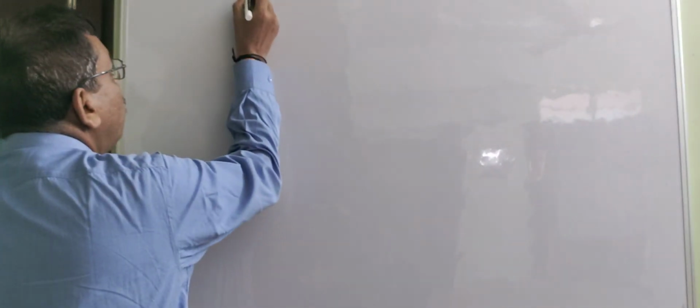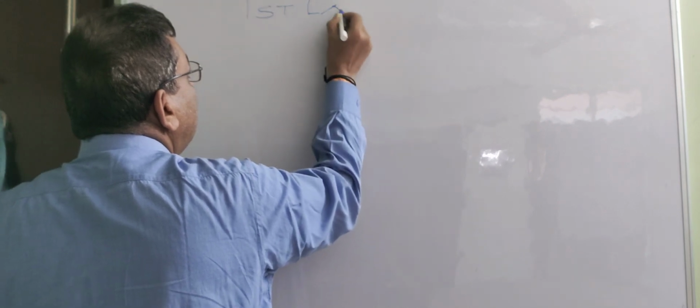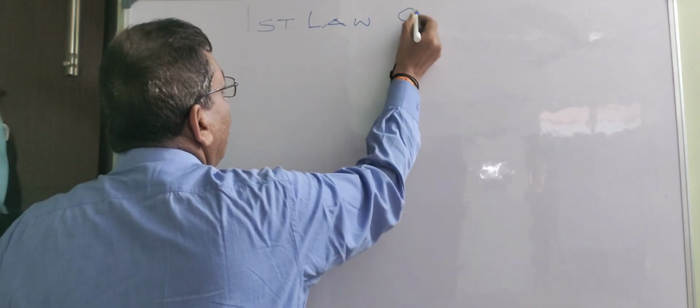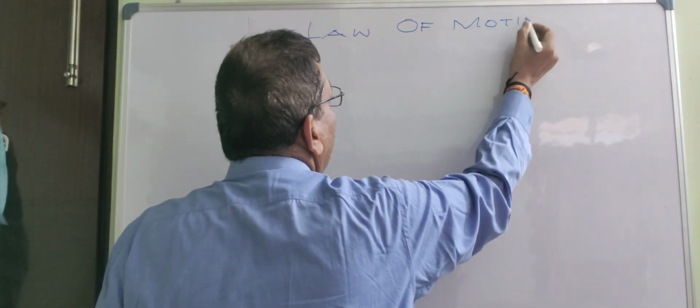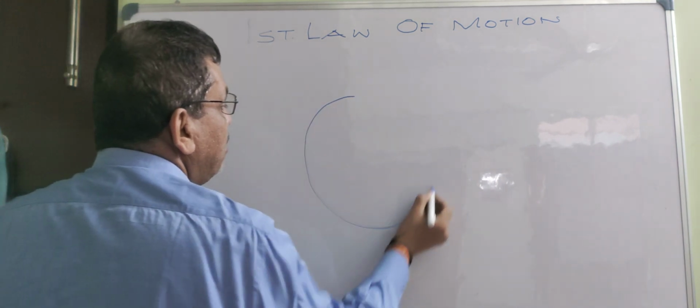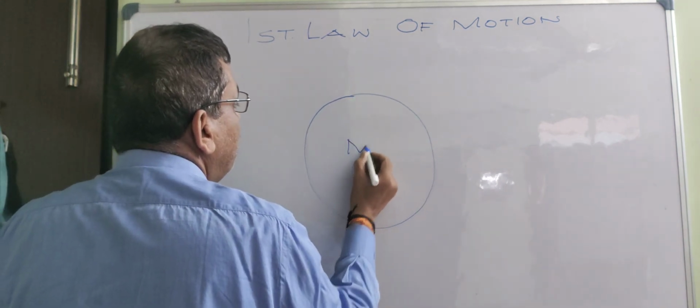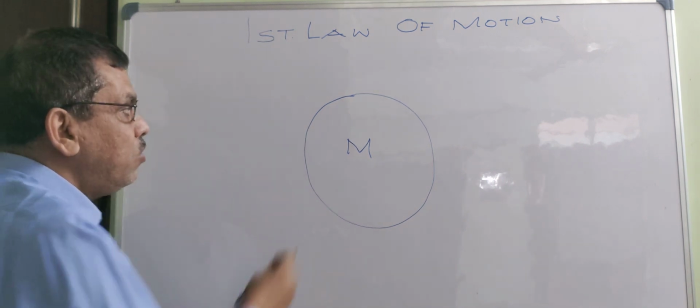Now the first law of motion. Let us see, this is an object. Let us consider this is an object of mass m. Now you will see this object is subjected to so many forces acting on it.